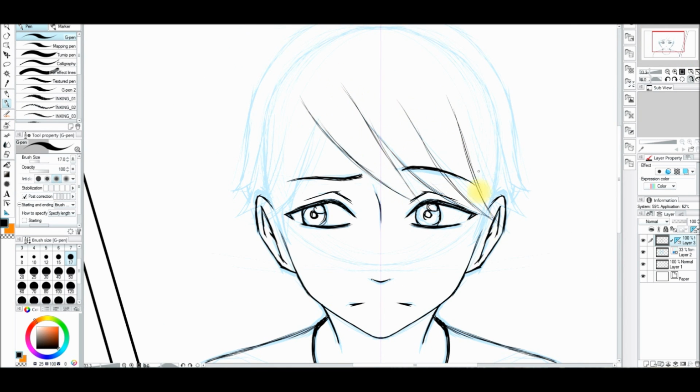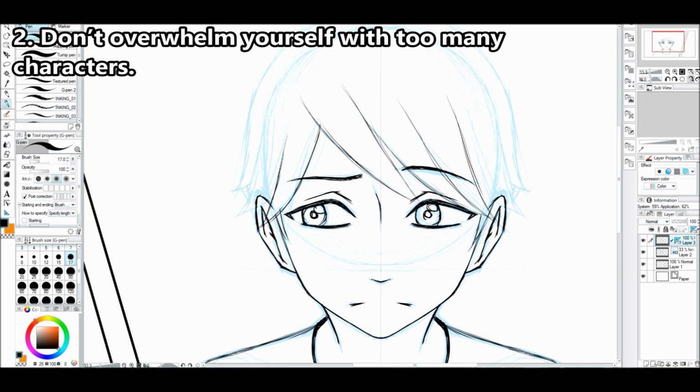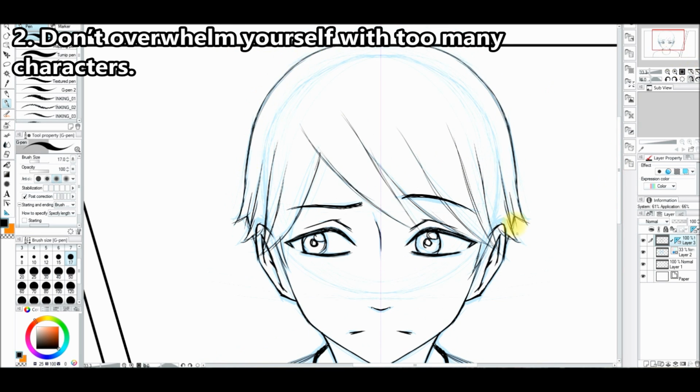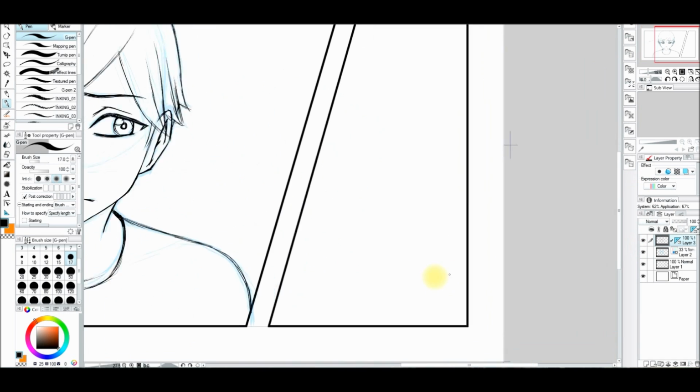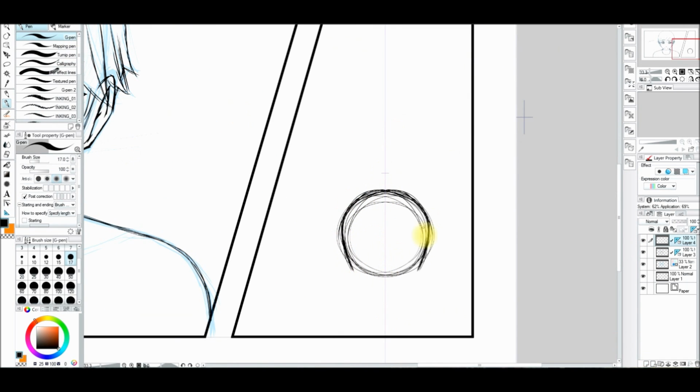So the second tip is don't overwhelm yourself with too many characters. When I first started making stories, when I was around 14 or 15, I would kind of overwhelm myself with too many characters. Characters that would be important characters.